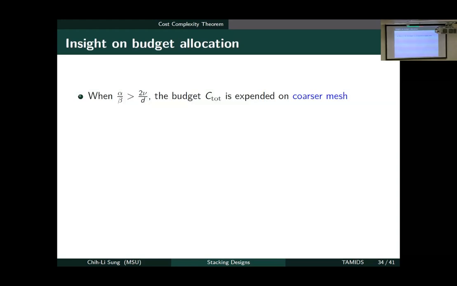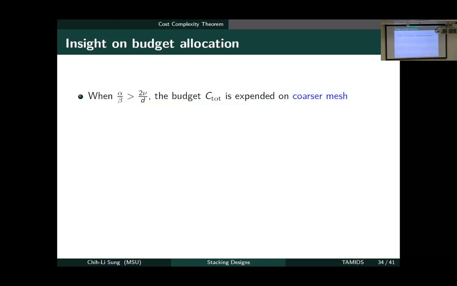The first term is to control the simulation error: alpha is the simulation error rate, beta is the computational cost of each simulation. I'll talk about the second term later. So, when this condition is met, we spend more budget on coarse mesh sizes.